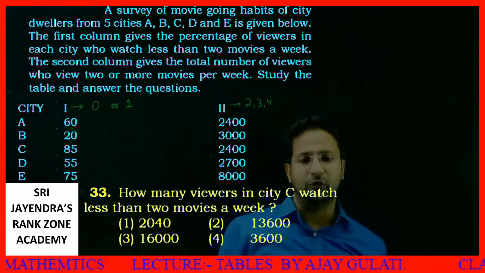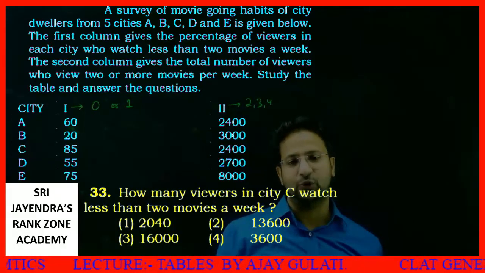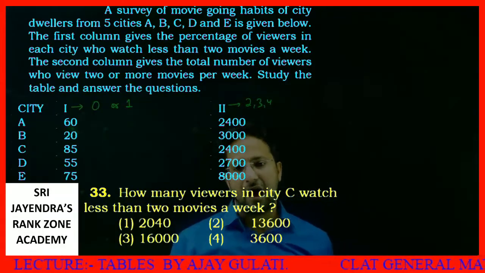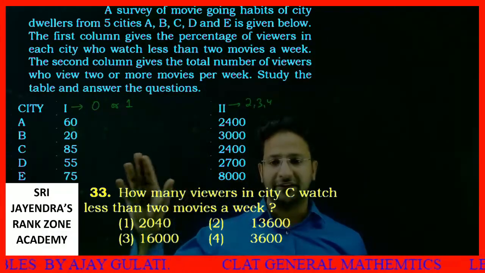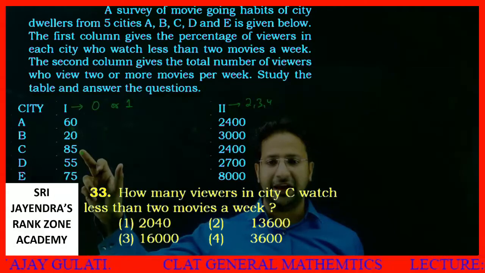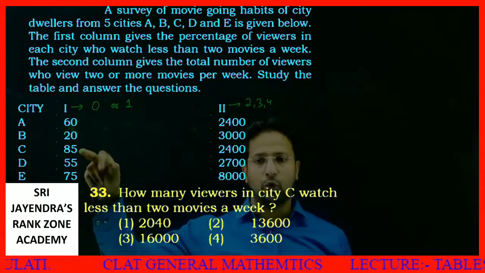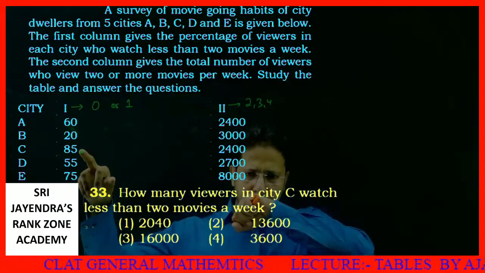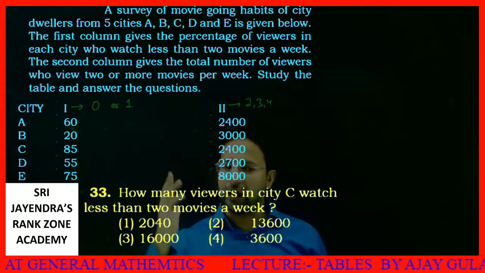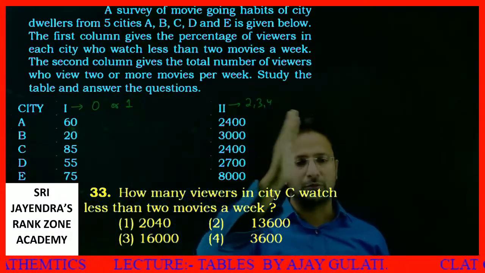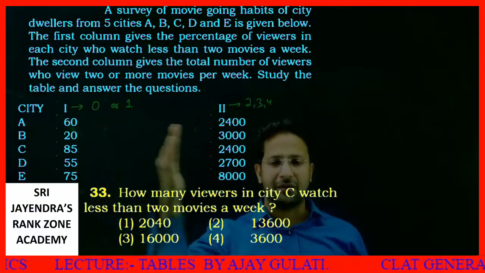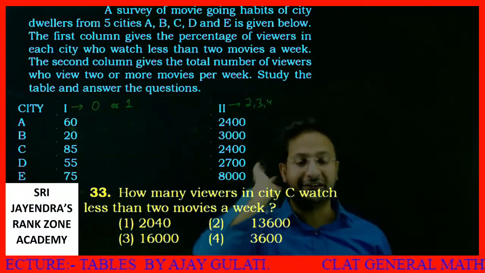How many viewers in city C watch less than 2 movies a week? In city C, there are 85% people who watch less than 2 movies a week. There are 2 types of people as per this: those who watch less than 2 movies, and those who watch 2 or more. If I combine these two, I get the total population of any city.